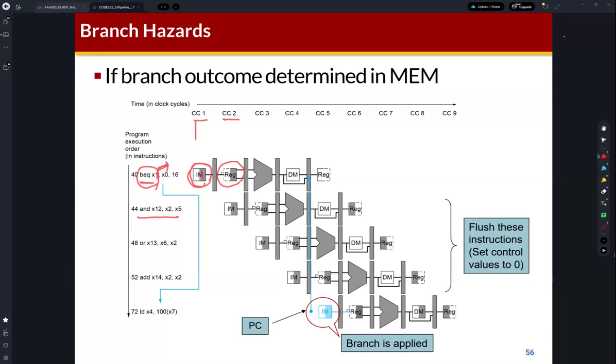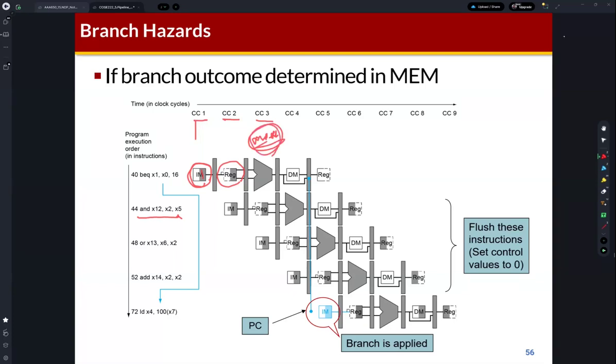So the next instruction is fetched, okay? And then the branch instruction is in the EX stage at clock cycle number 3. When the branch instruction is in the EX stage, X1 is compared with X2, right, using the ALU.